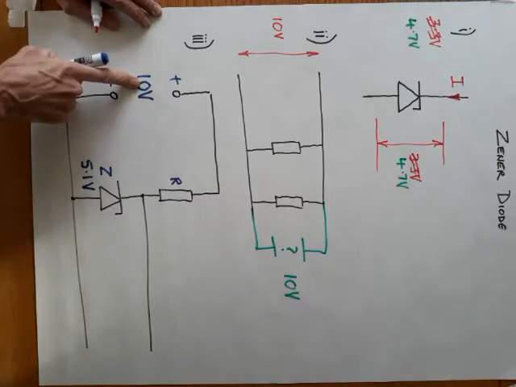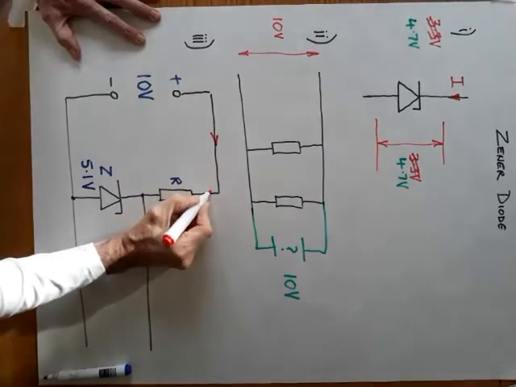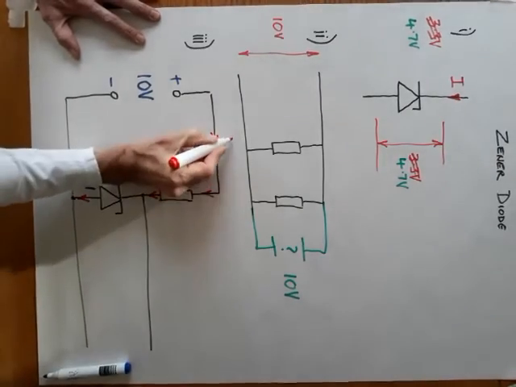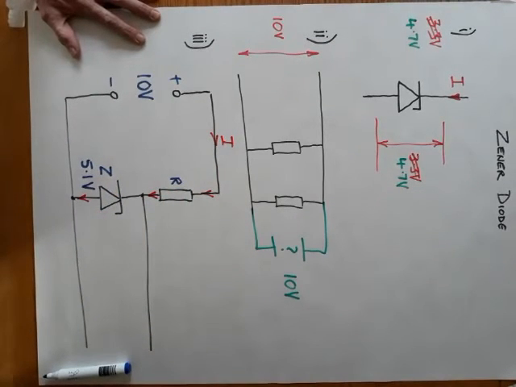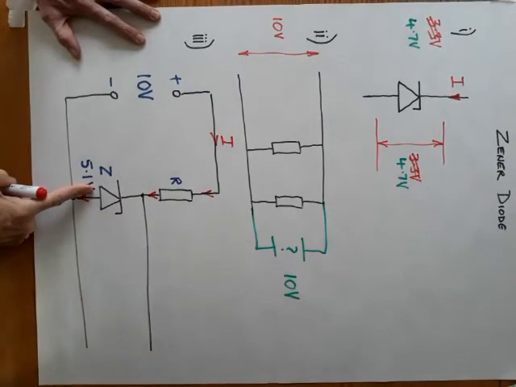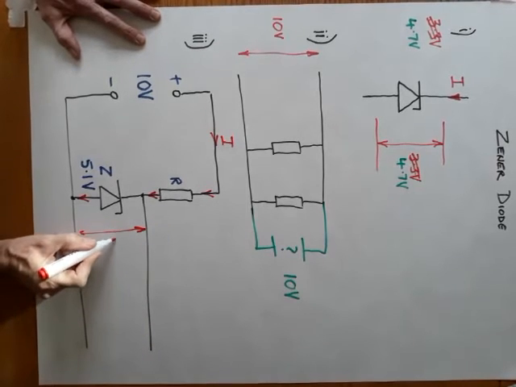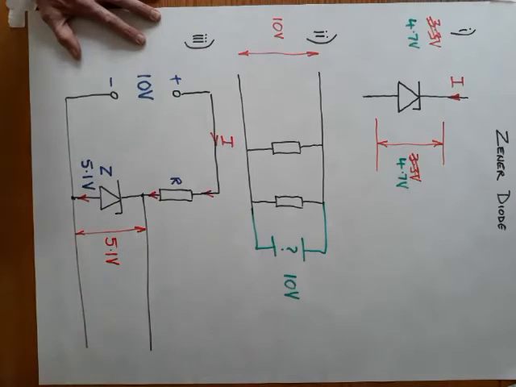With 10 volts here, a current will go through the circuit. So current will flow. And if you remember what I said earlier, as long as current is flowing through the Zener, the voltage across it, that is here, will remain steady at its rated voltage.